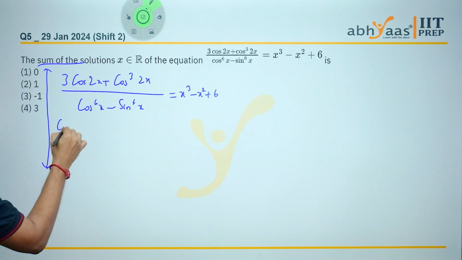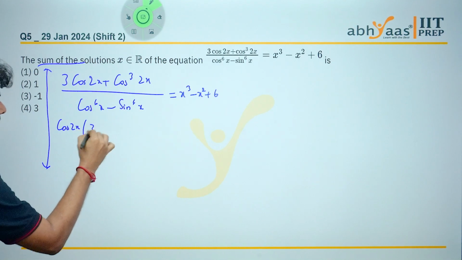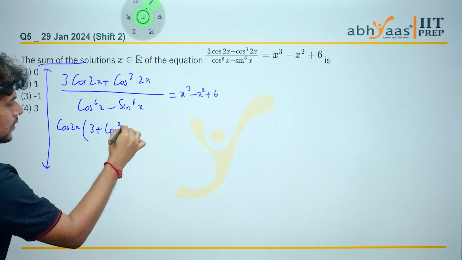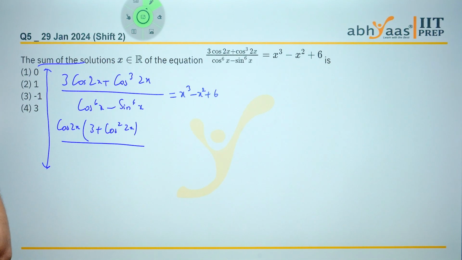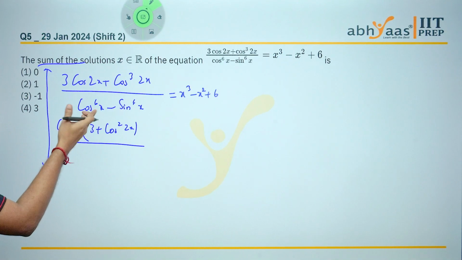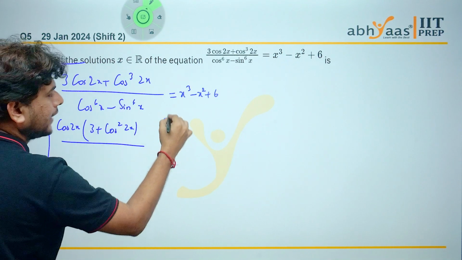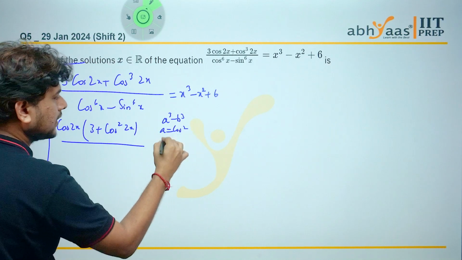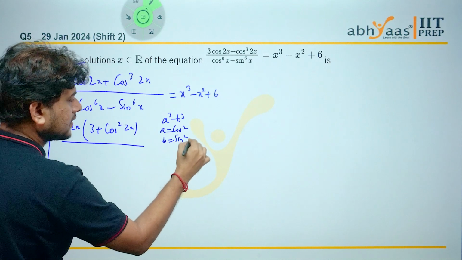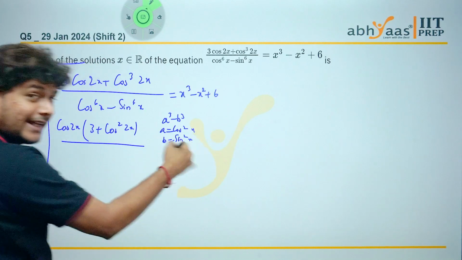We have cos 2x common in the numerator. That gives us cos square 2x by, let's treat it as a cube minus b cube, where a is cos square x and b is sin square x, so that we can get the identity.